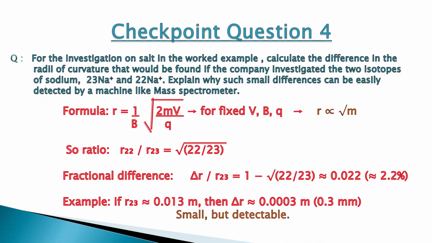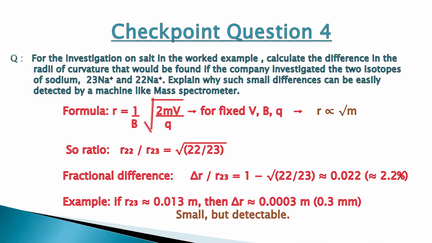That means the radius for sodium plus 22 compared to sodium plus 23 is given by the ratio square root of 22 over 23. The fractional difference is 1 minus the square root of 22 over 23. Calculating this gives about 0.0220, or a 2.2% difference.